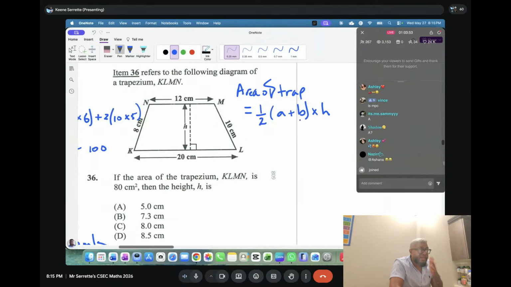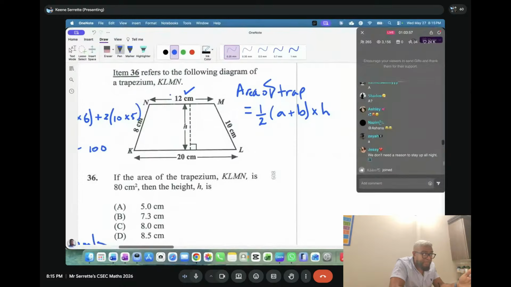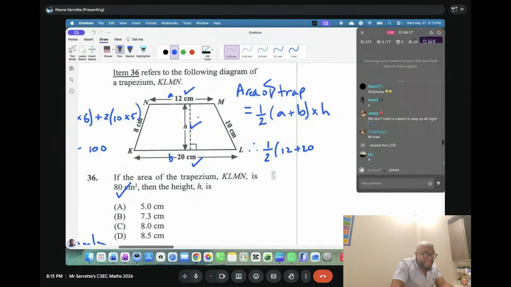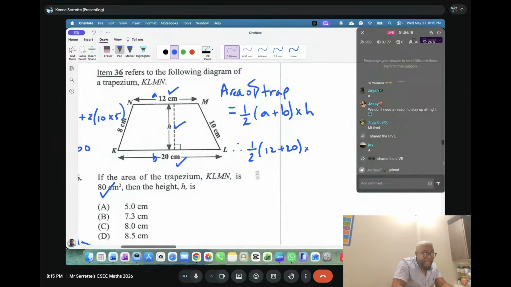So I plug those in, with height h, equal to 80. This is 1 over 2 by (12 plus 20), multiplied by height, equal to 80.